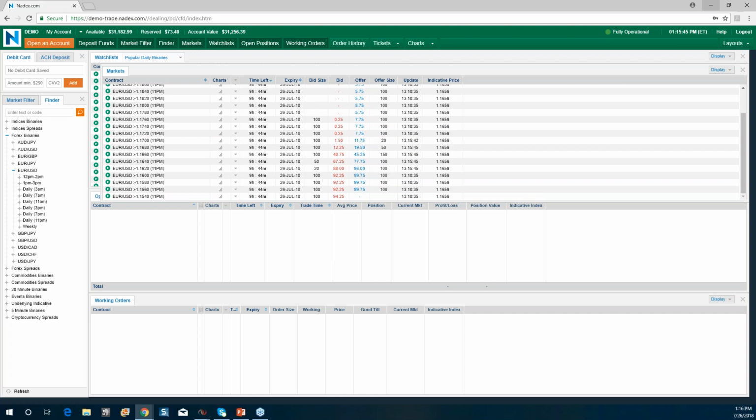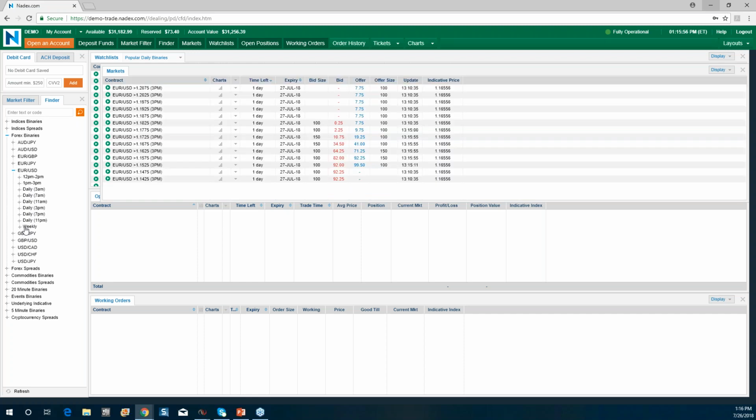I mean, if you ever stopped and really thought about that, just one single market, look at all your different options all the way out through tomorrow afternoon. So I've got a ton of different strikes. I've got a ton of different expirations. I've got strike ladders with different gaps between the strikes.